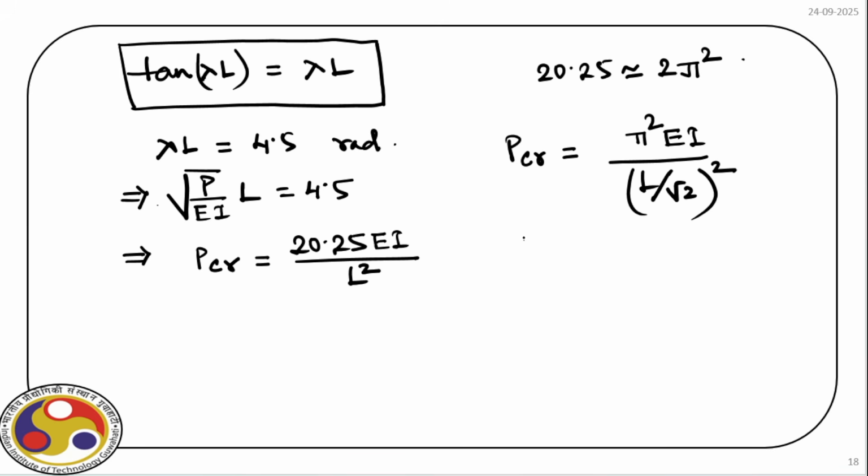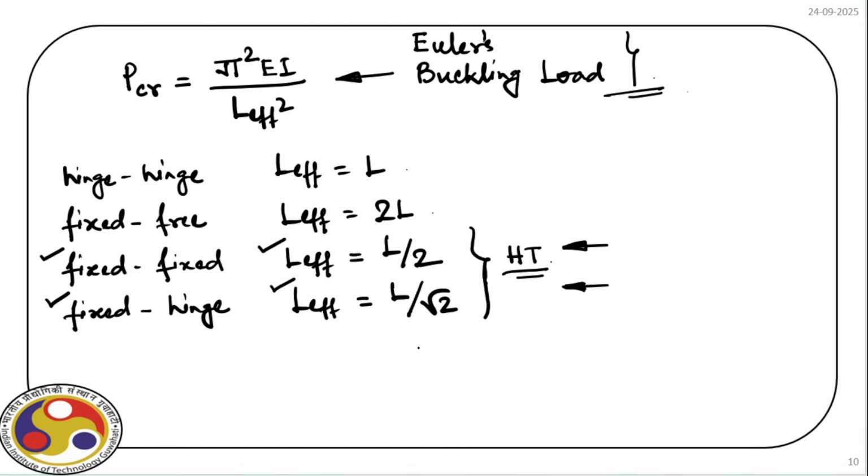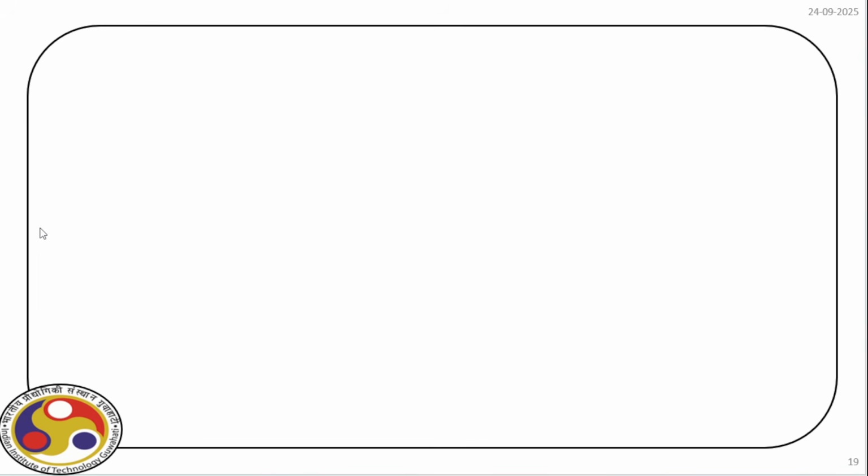So L effective for this case is L by root 2. Recall this is what we identified in the first class here. So now we get the critical load and the deformed shape for each case.